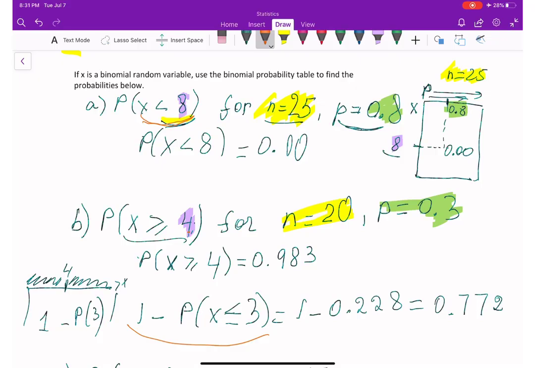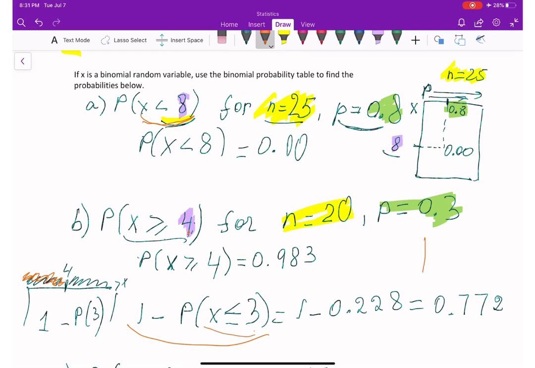If it's greater than or equal to 13, then you subtract x less than or equal to 12. If you have x greater than 15, then you subtract x less than or equal to 14. So the one goes to the left. And here we find from the table x equal to 3.